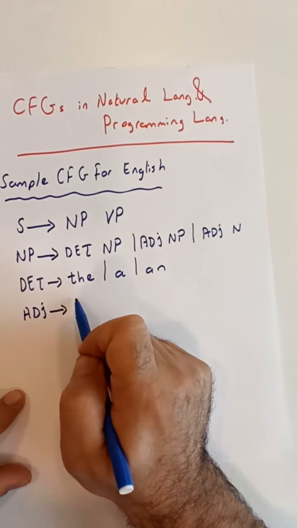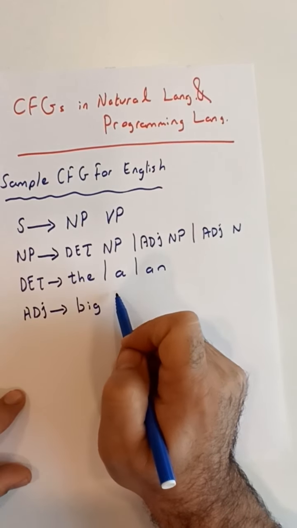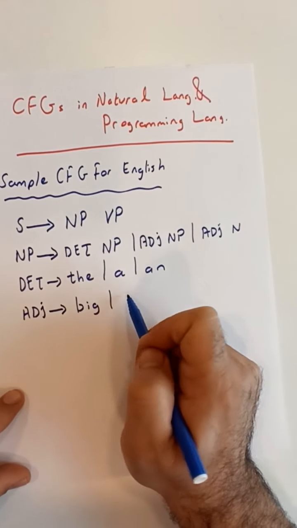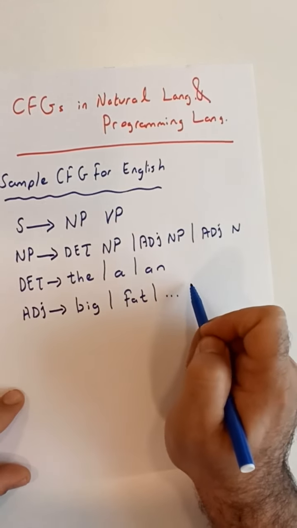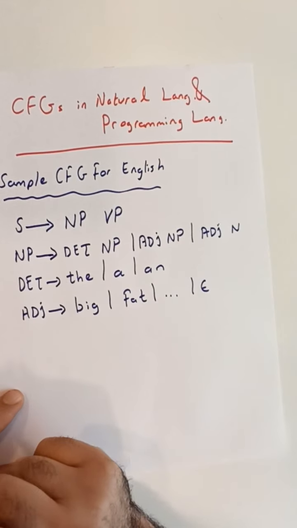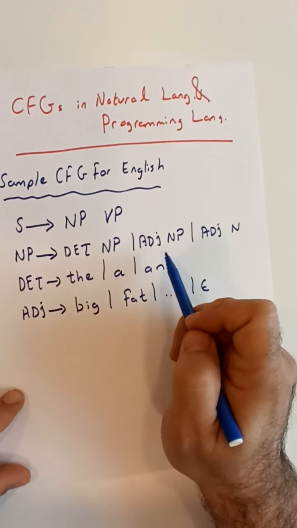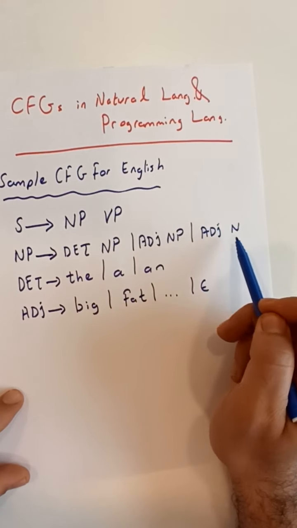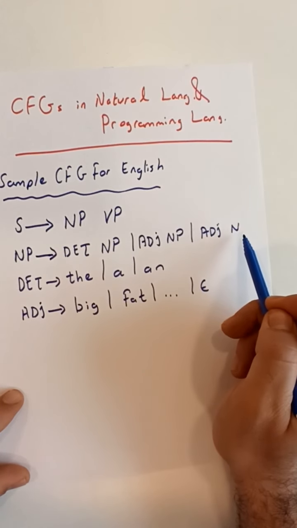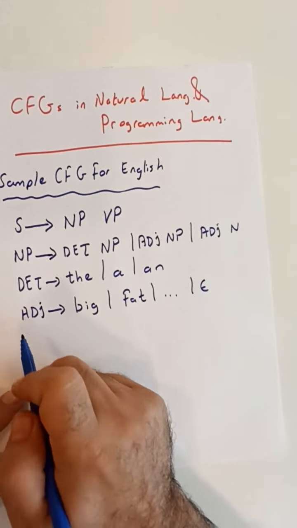So let's just say we have an adjective big and an adjective fat. We can add many others, and let's just say epsilon is also an adjective, so that when we construct a noun phrase, we can simply have epsilon and simply have a noun as a noun phrase.